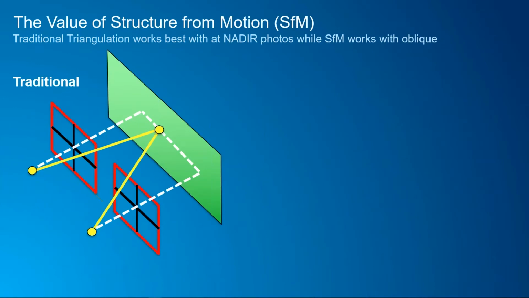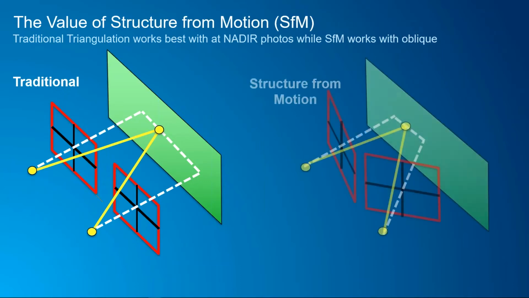Traditional triangulation works best with photos that are nadir, that are horizontal, and they're best for generating those 2D products. Structure from Motion is a new and unique way of block adjusting these photos together so that you can create different products.